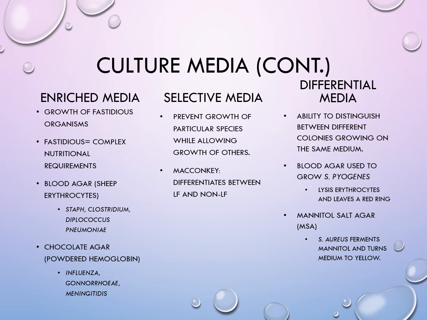It's going to lyse those erythrocytes. And then lastly, here for differential media, the mannitol salt agar, that MSA, only allows for salt-tolerant bacteria to grow there. And it usually, fermentation occurs, and then this creates yellowish colored colonies of bacteria.